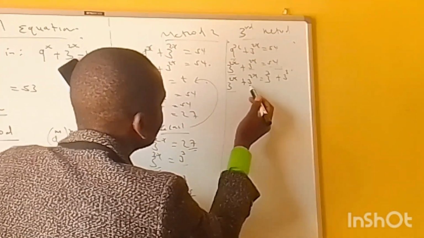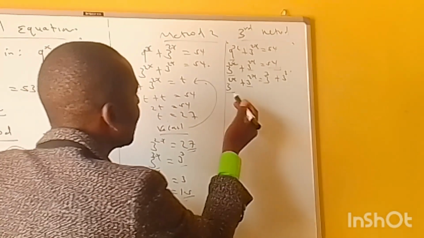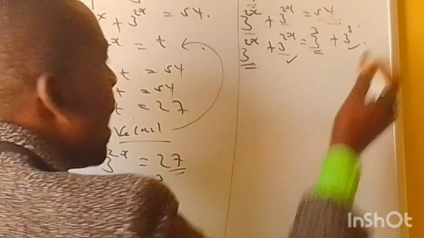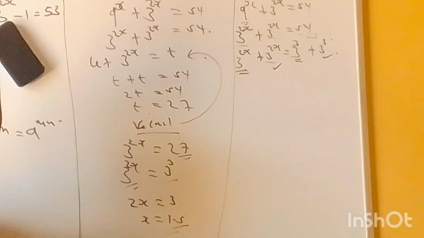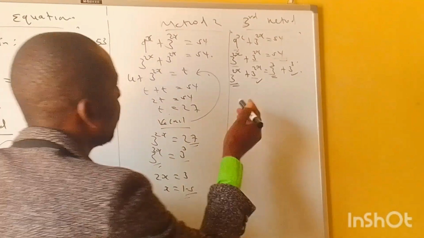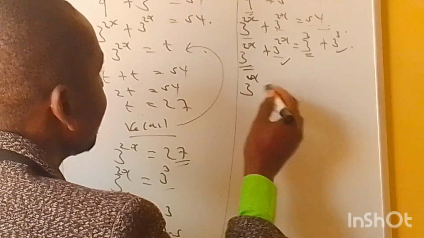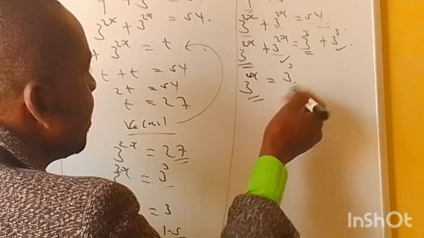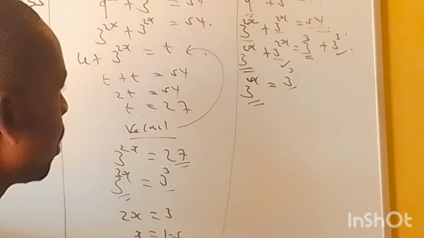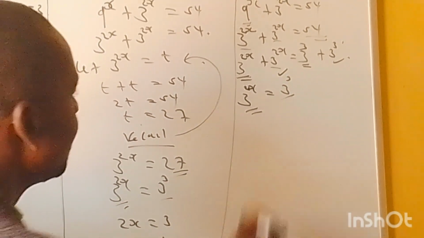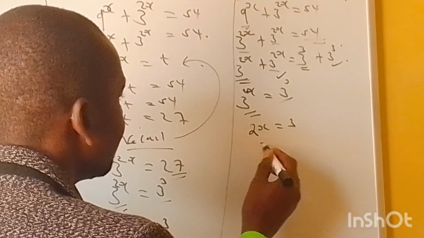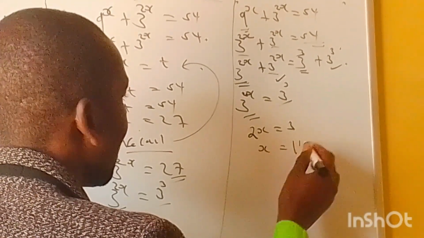The one corresponds to that, and you can compare, or you can only take one and compare. So you pick one: 3 raised to 2x is equal to 3 raised to 3. You can see the bases are the same, so you can compare the indices, and we have 2x is equal to 3, and you can see x is equal to 1.5.